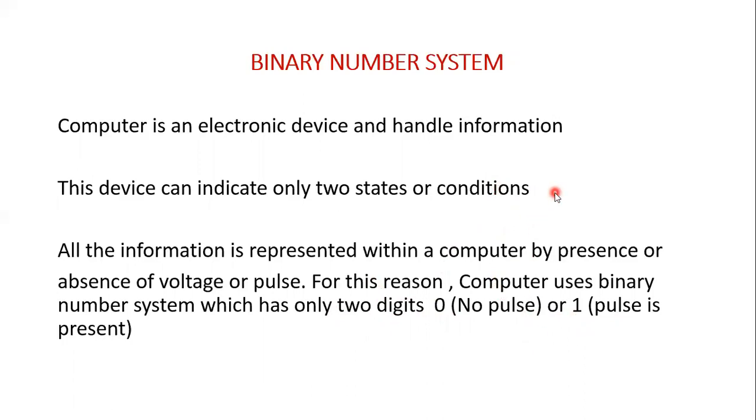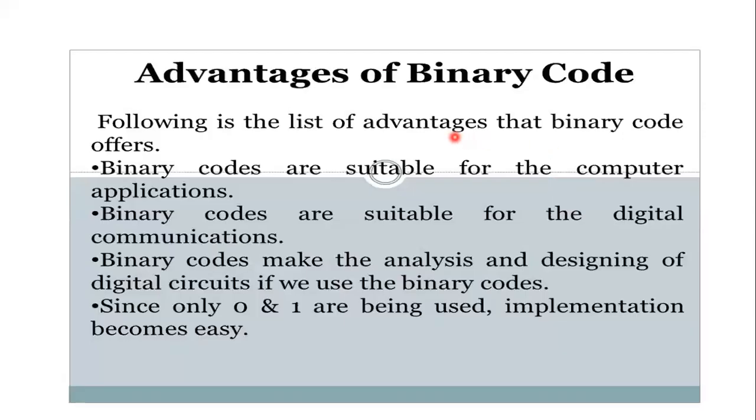Now, let me see what are the advantages and disadvantages of the binary number system. So these are the major advantages. That is, binary codes are used for computer applications, since the computer accepts only two states, 0 and 1. Binary codes are suitable for digital communications.